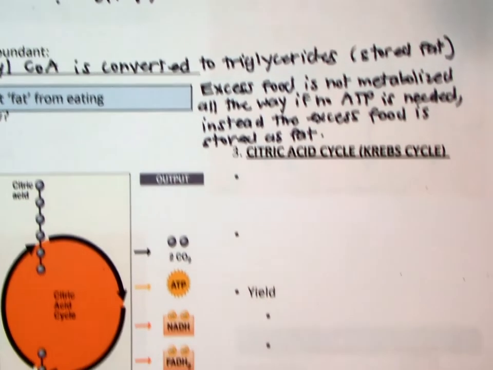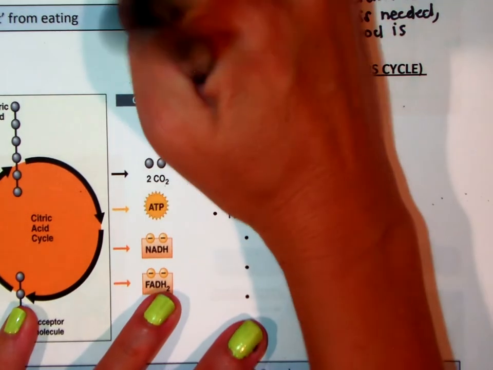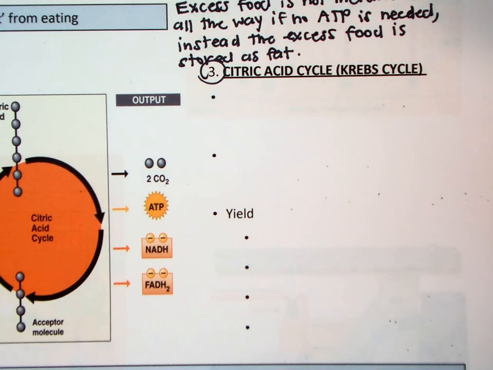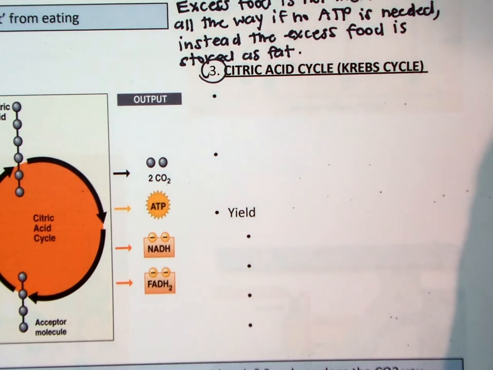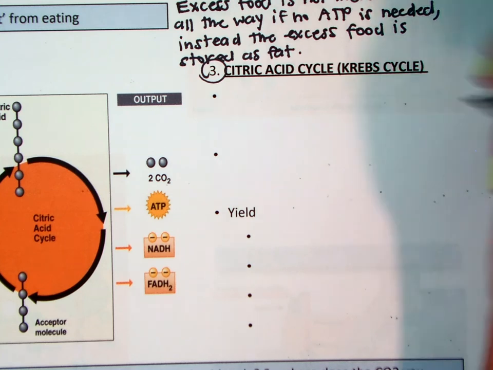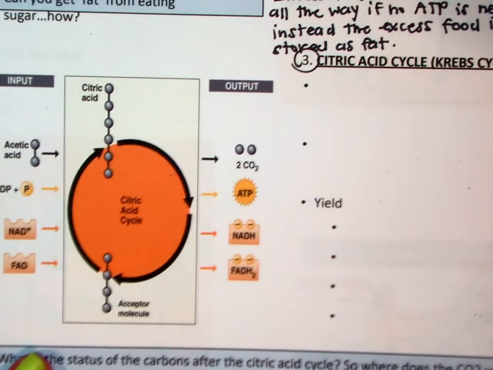All right, step 3, here we are. The glorious citric acid cycle, or the Krebs cycle, called that because a man named Hans Krebs actually figured out this reaction, which is quite incredible. And we call it the citric acid cycle because that's what we're starting with here.